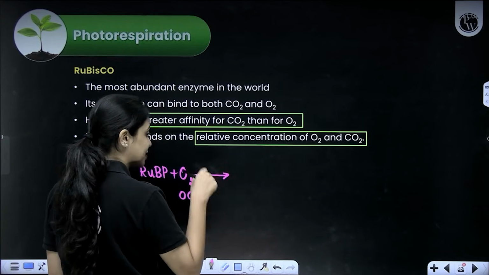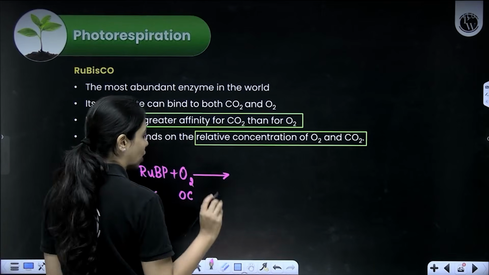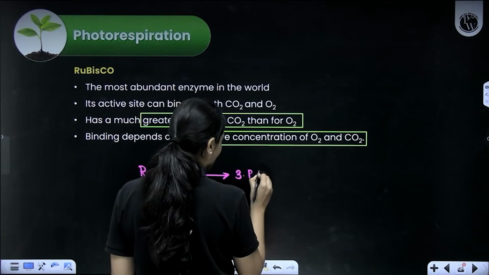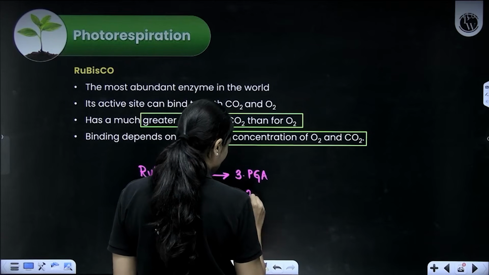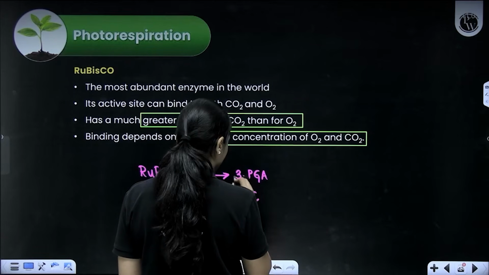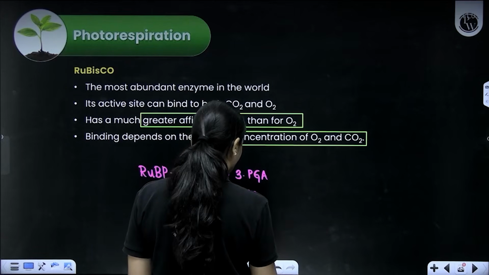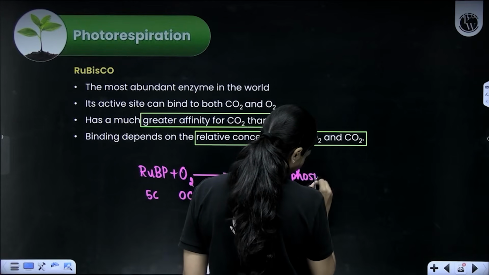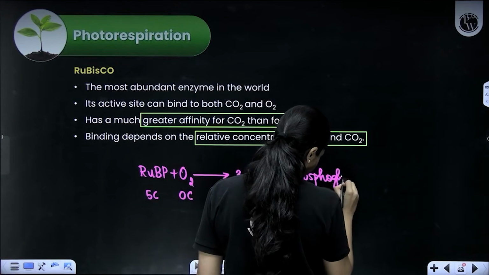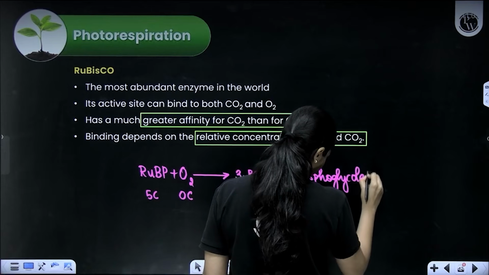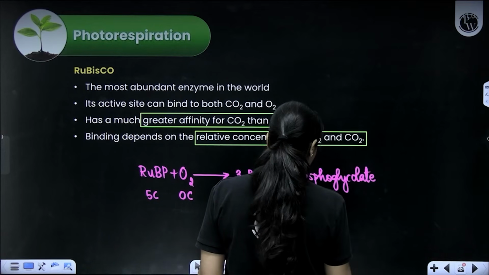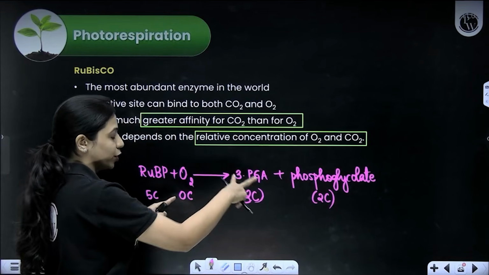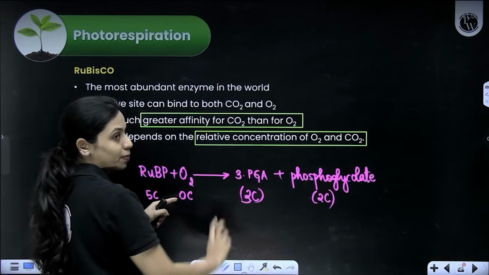Instead of getting 2 molecules of a 3-carbon compound, you will end up getting 1 molecule of a 3-carbon compound, 3-phosphoglyceric acid, and another molecule called phosphoglycolate that contains 2 carbons. So 5 is 3 plus 2. Instead of getting 2 3-PGA, you're getting 1 2-carbon compound.